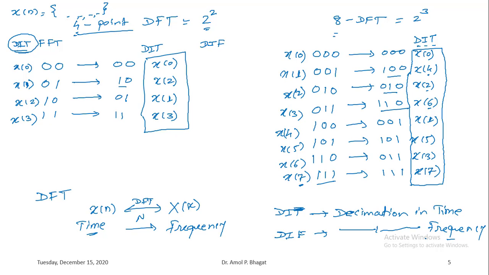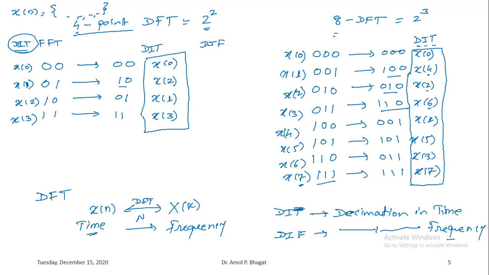So when you are using decimation in time, your input sequence is applied in shuffled form. It will not be applied in sequential form, but your output will be in sequential form.